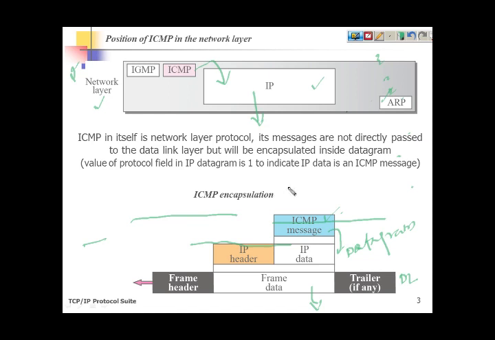The protocol field defines which other protocol this IP is used with. This IP can be used with IGMP, it can be used with ICMP. If the protocol value is 1, that means this IP is carrying the ICMP message. So here you can see that 1 is the value which indicates that the protocol used with the IP is ICMP.